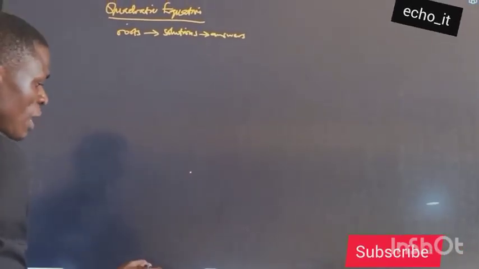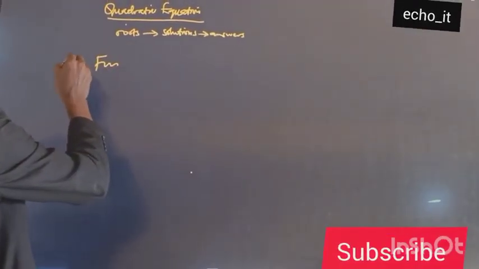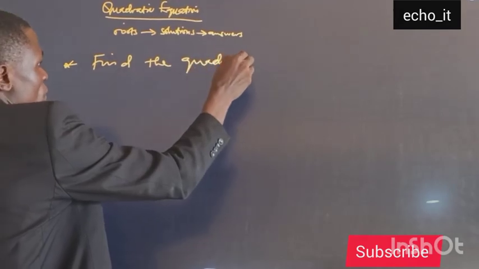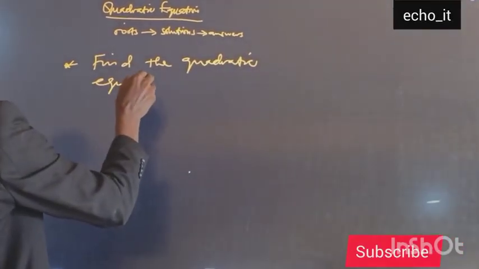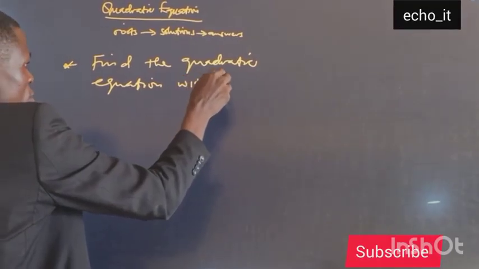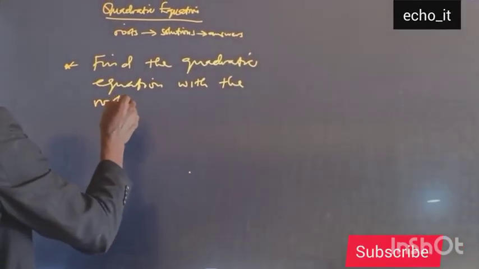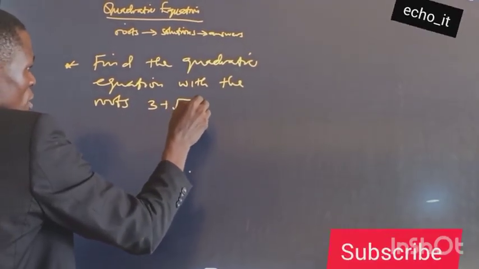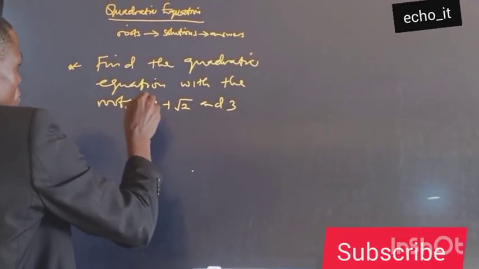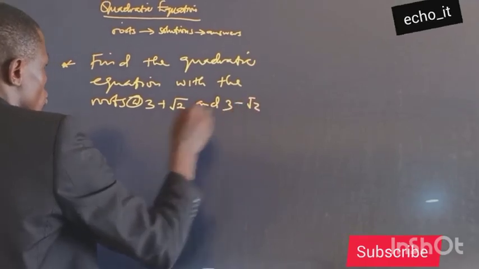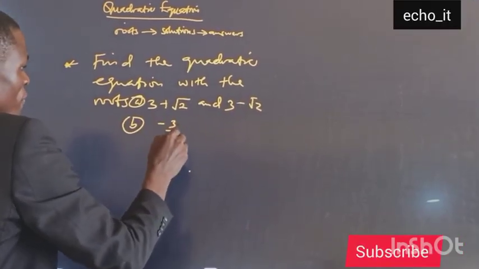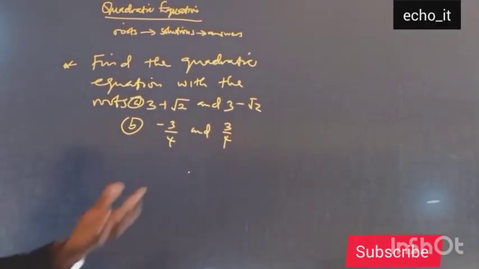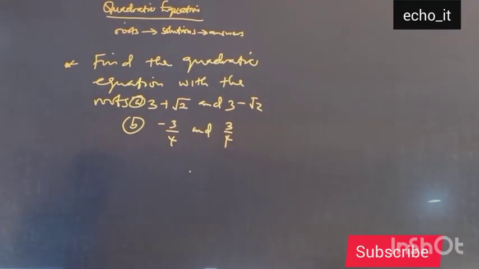You have a problem and you're asked to find the equation with the roots 3 plus root 2 and 3 minus root 2. You should know the difference of two squares.